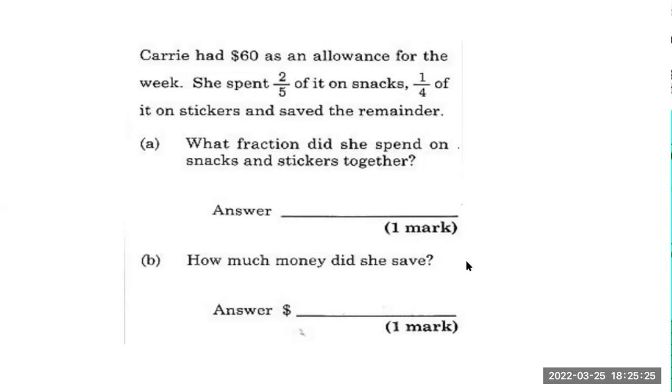So this is the question here. Giving you guys 3 minutes to answer this one. Beginning now. Take your time, read the question carefully, and then proceed to answer it.